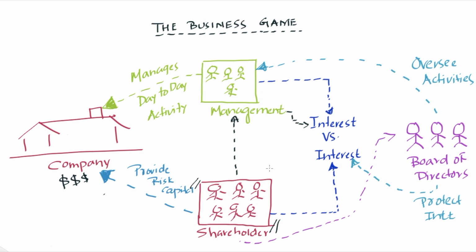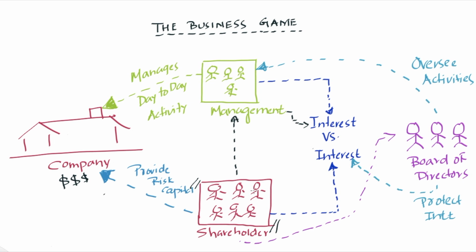They act as a trustee, in a fiduciary duty for the shareholders, to ensure that the interest of the shareholders remains protected, which means they fight for the interest of the shareholders, and they oversee the activities done by the management to understand whether the activity to run the company is in line with the interest of the shareholders or not. So this is the basic definition of corporate governance.